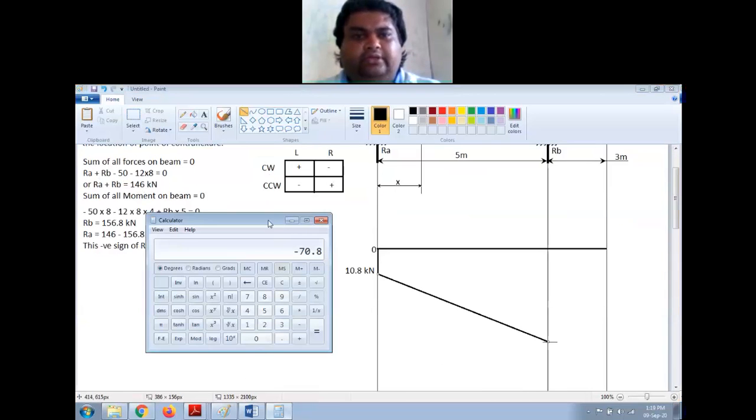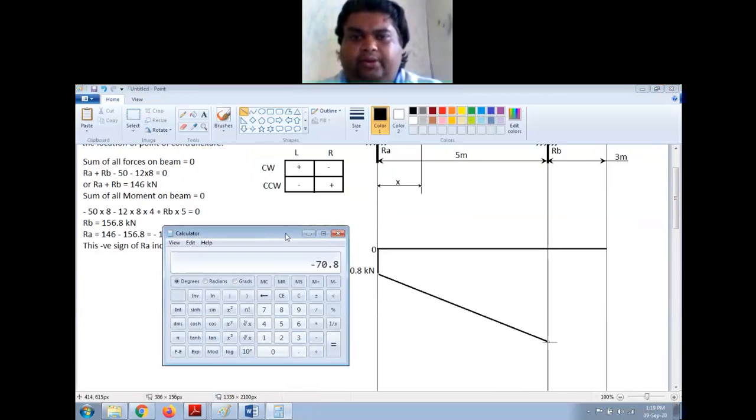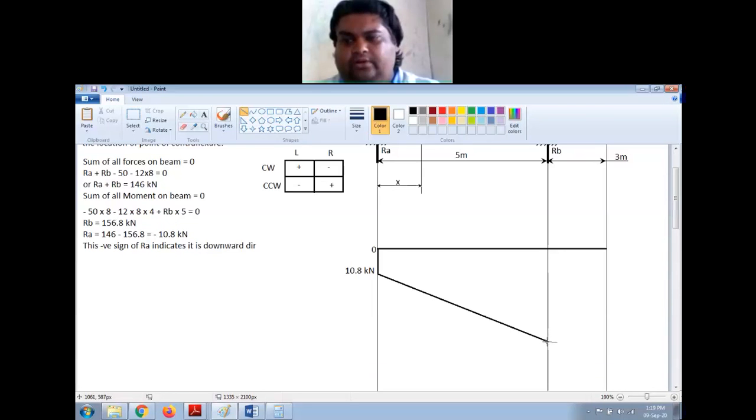Now I will add plus 156.8, so it is 86 kilonewton. So I will draw another line like this. Let us say this is 86 kilonewton shear force.